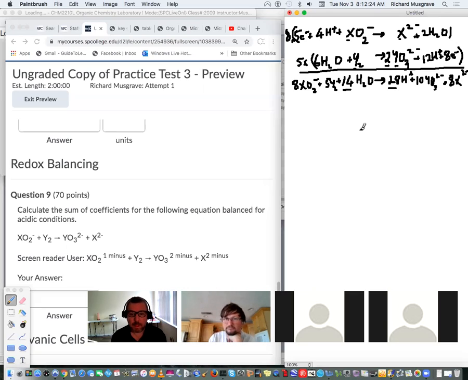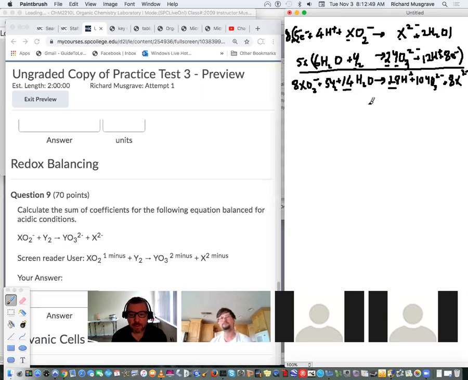Now, I would want to check this and make sure that everything has balance. The X's look okay, 8 and 8 is good. Oxygens, 16 plus 14 is 30. 10 times 3 is 30, so oxygens are okay. Hydrogens, 28, we already got those. And the Y's are 10 and 10, so that looks like it's balanced for the elements.